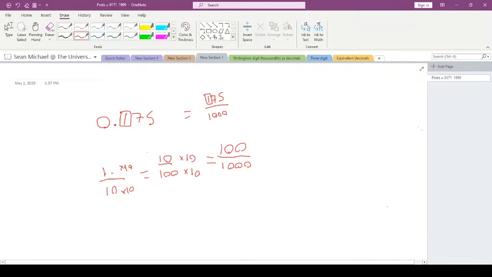And then the next one here is kind of like saying hundredths. So this goes into the 7 spot, the hundredths spot, and we'll say it is 7 hundredths, and you would multiply that by 10 to get thousandths, and that would be 70 thousandths.